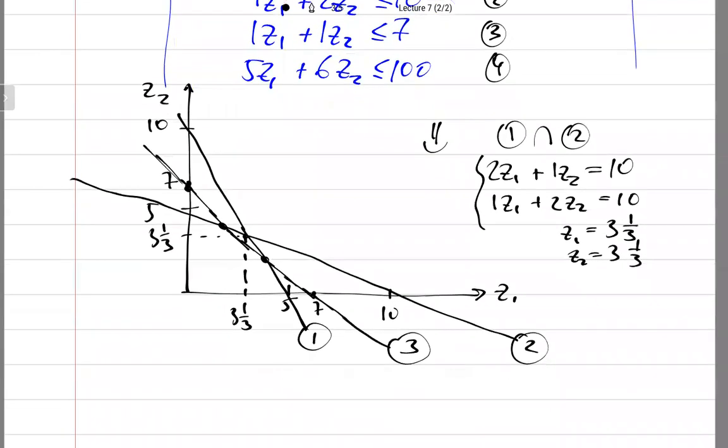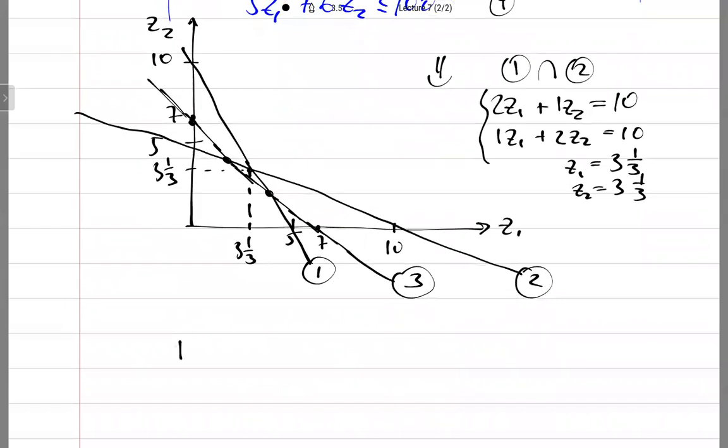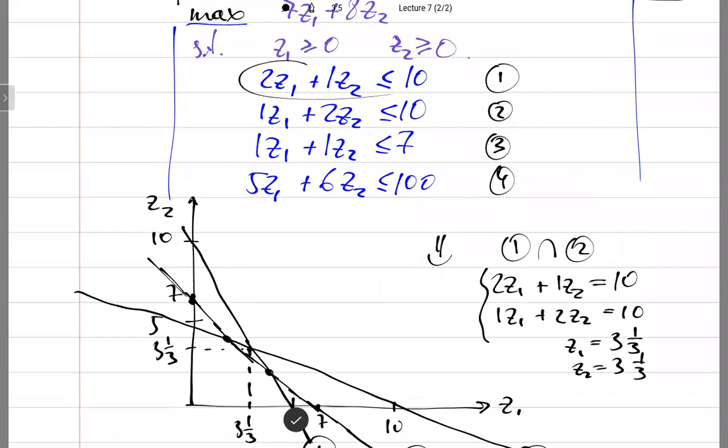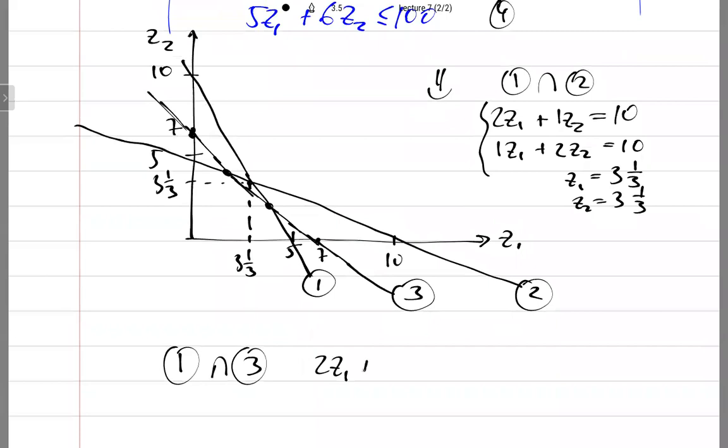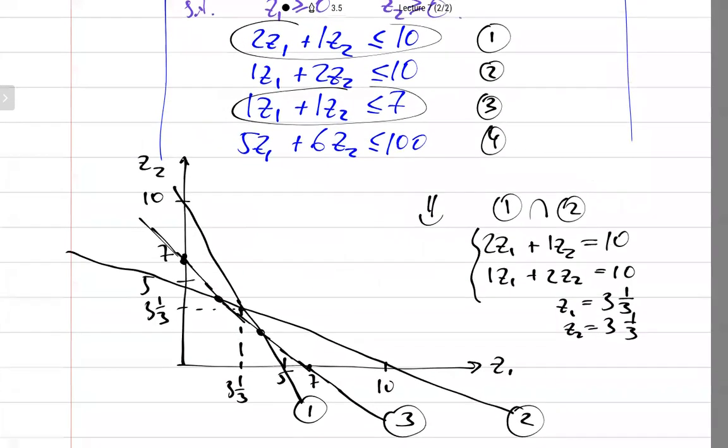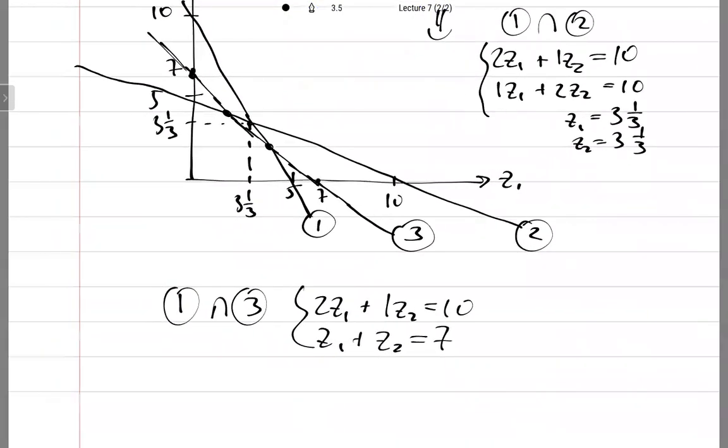And let's check the intersection of the first and third line. If I take the first and the third one, 2Z1 plus Z2 is 10, and Z1 plus Z2 is 7. That means Z1 is 3 and Z2 is 4.